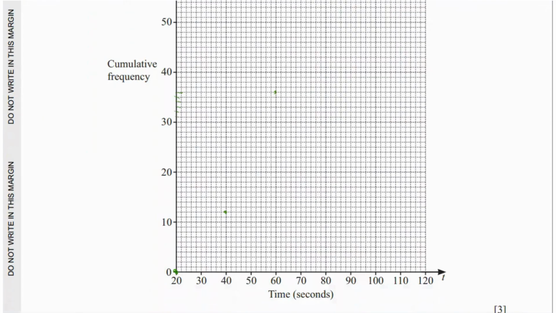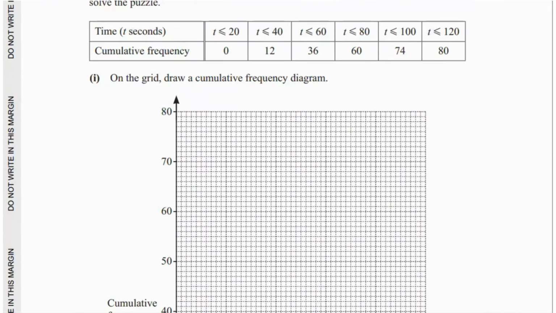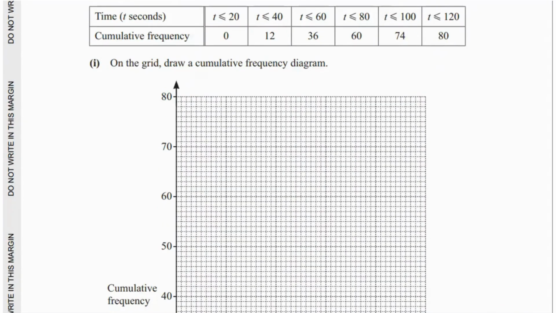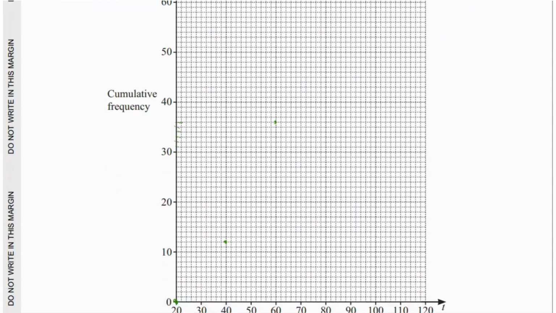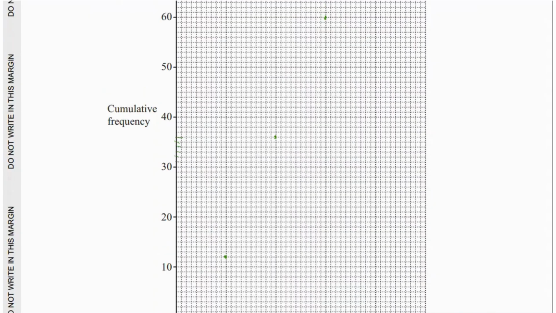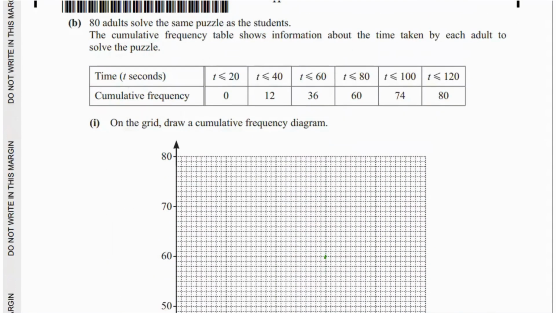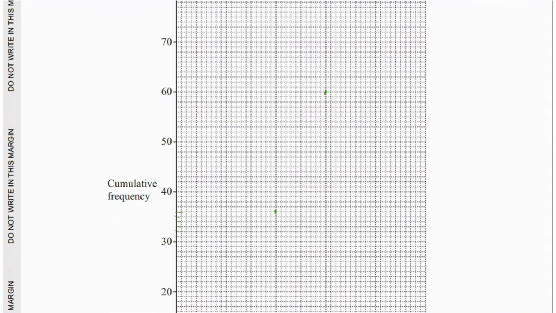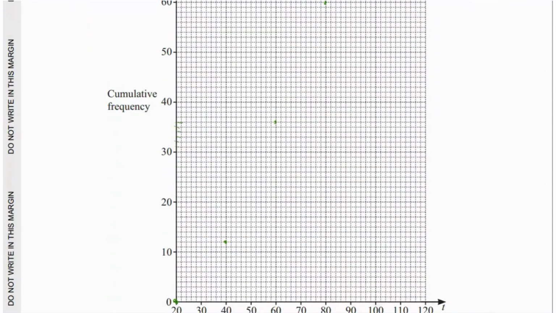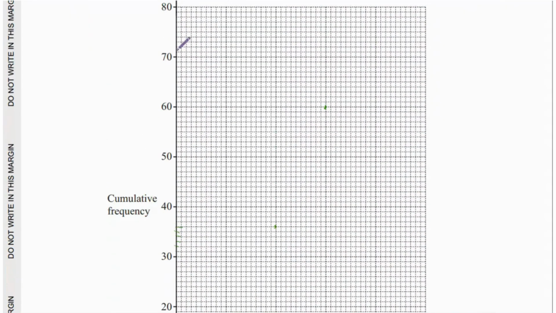That one. Then 80, 60. That one. 174. That one.